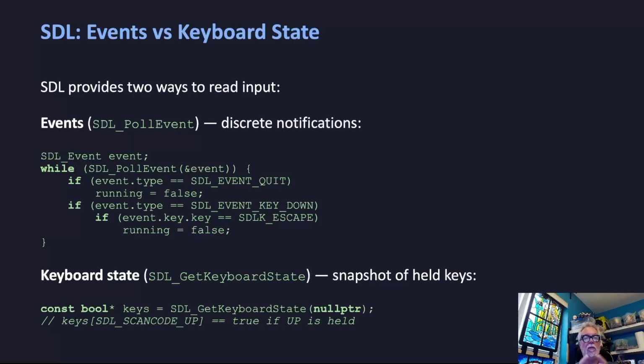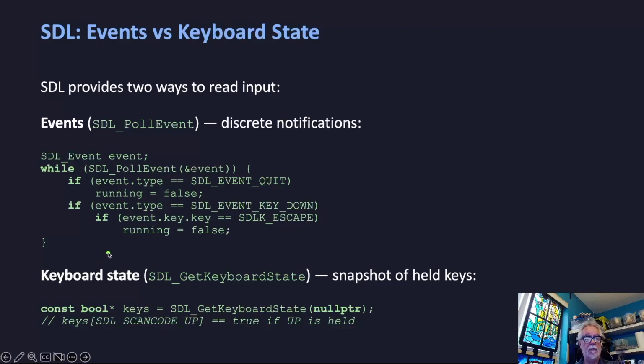So SDL provides 2 ways of getting data. One is it will actually tell you when a key has been pressed, when a key has not been pressed. So these are called events. And so every time you call SDL poll event, every time SDL gets an event like a key press or a key release, it stores them in a queue.